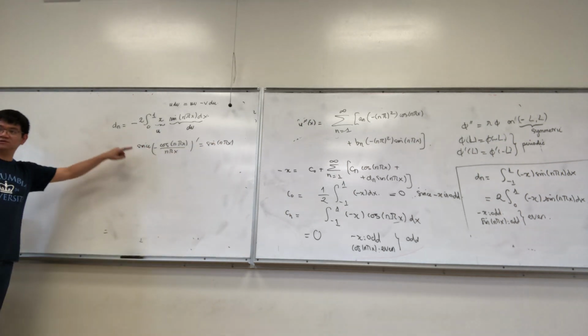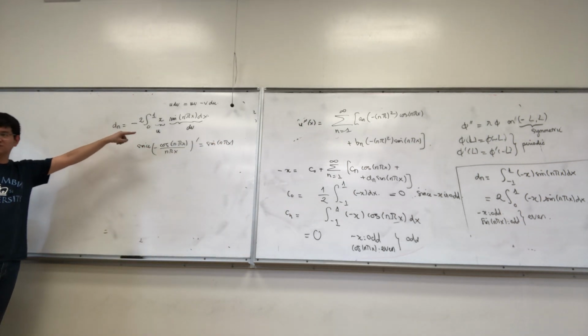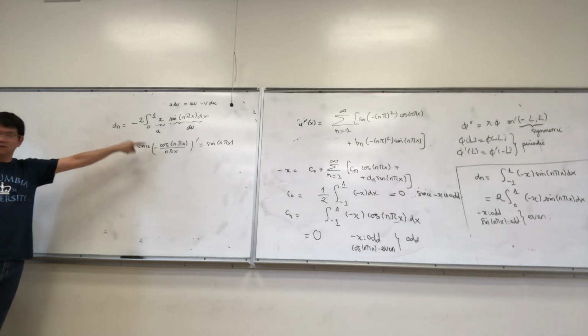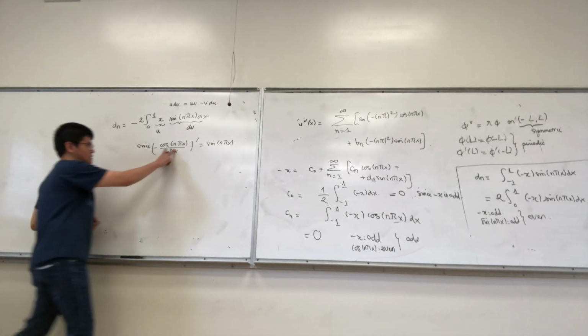So now you use integration by parts. You know that the derivative of minus cosine n pi x divided by n pi is sine.